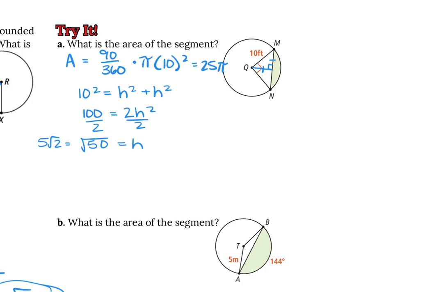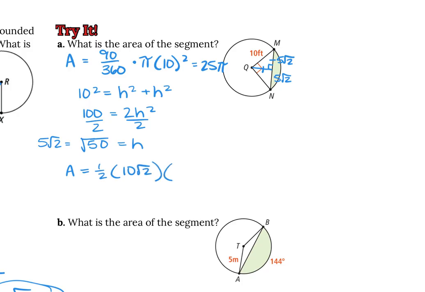Okay, so now I can plug that in to find the area of the triangle. 1/2 base, which would be the 5 square root 2 doubled. So 5 square root 2, 5 square root 2. When I combine those, I would get 10 square root 2.